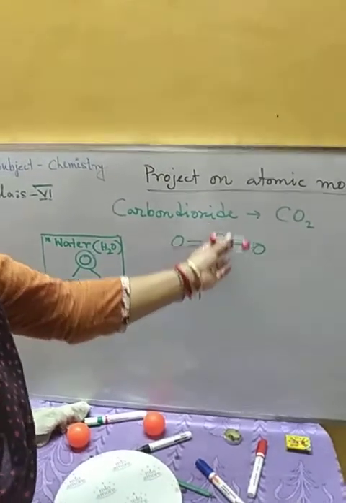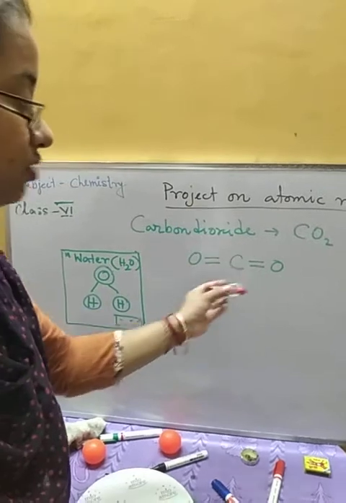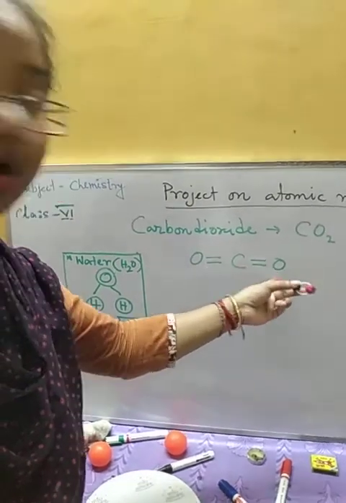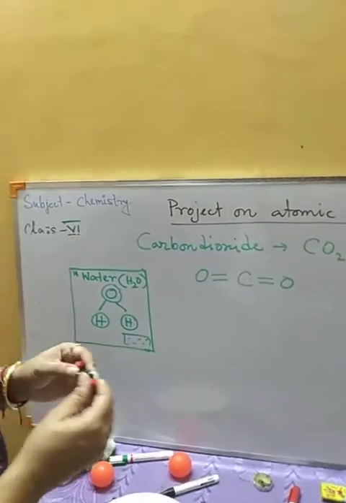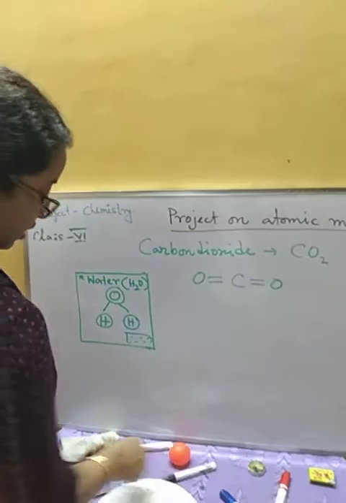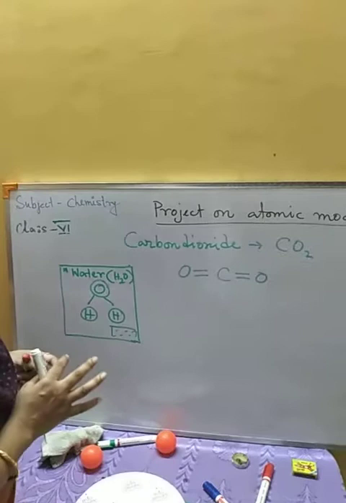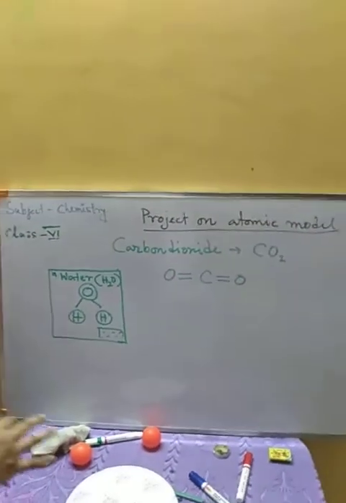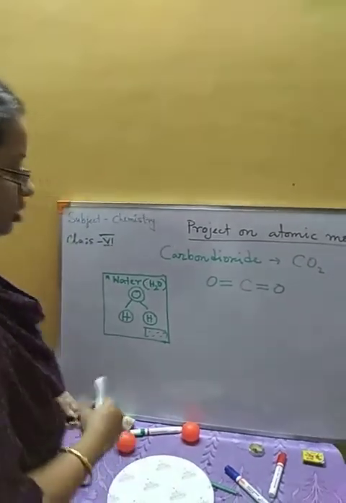Between each carbon and oxygen we have two bonds, so this side also we have two bonds. For making the model of carbon dioxide, we need three balls, three plastic balls or paper balls.